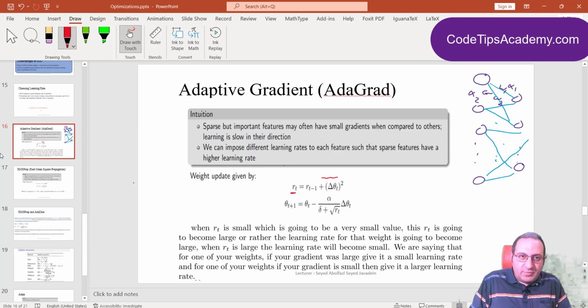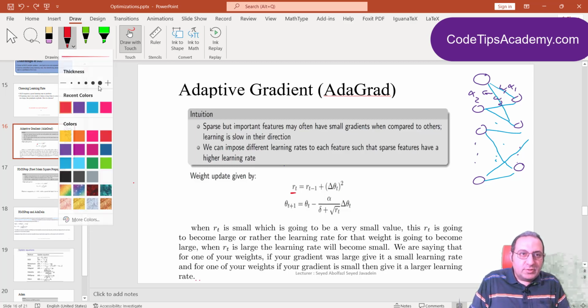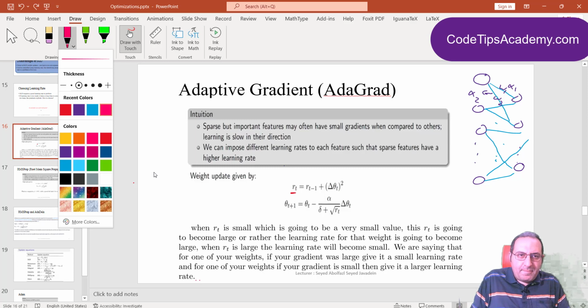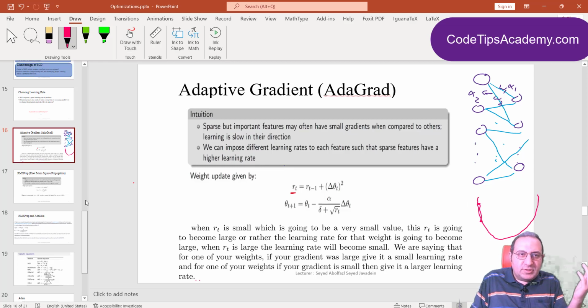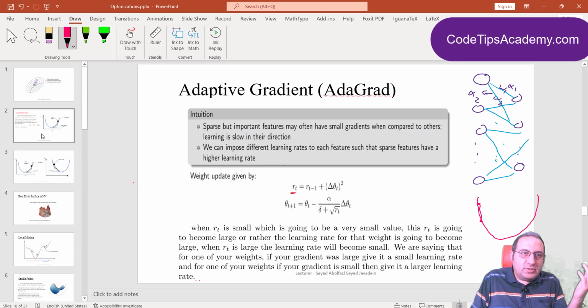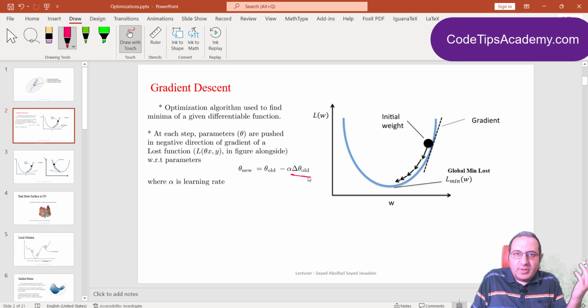For example, when we go from this step to this step, we change some weights here. This is the change of the weights, the new weights.